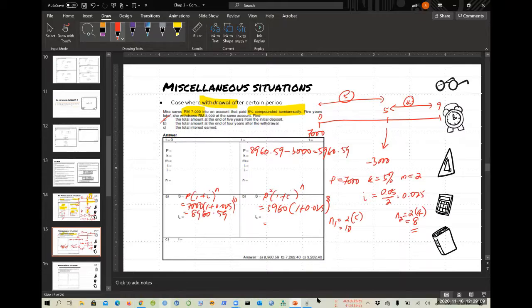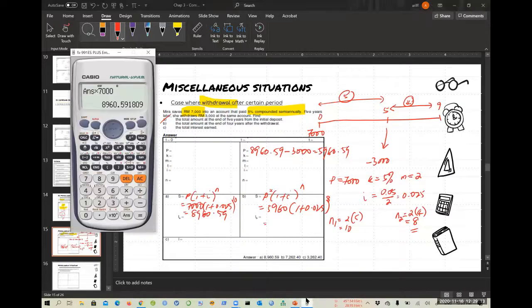okay, let me just bring up my calculator back. Okay, let's say you want to calculate it directly. So answer, open bracket, 1 plus 0.025, close the bracket, and then take to the power of, now you have 8, right?